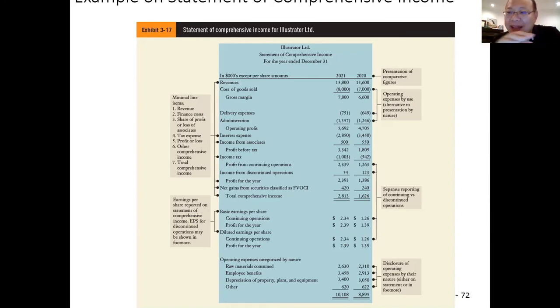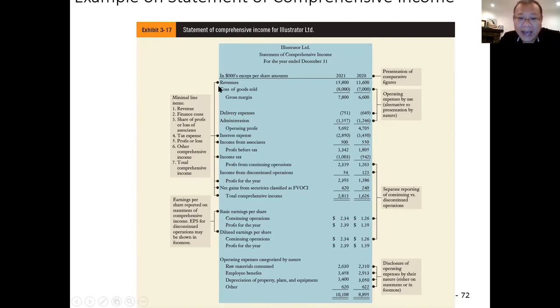That operation does not fit into your assumption. So to inform your users, you have to list it separately, okay? That's why we want to separate the reporting of continuing versus discontinued operation, okay? And there is one line here, income from discontinued operation. So that's very important.